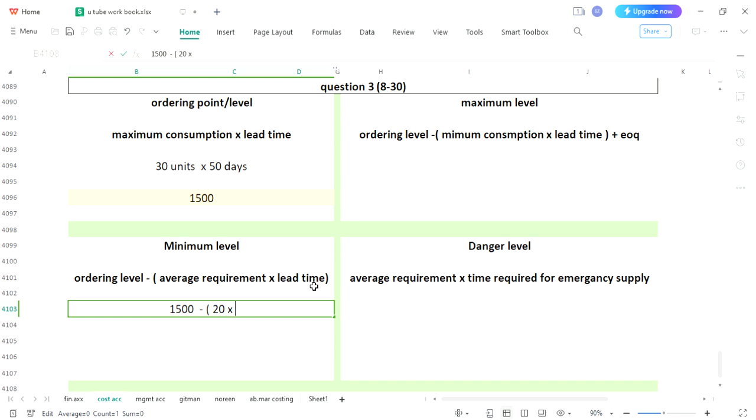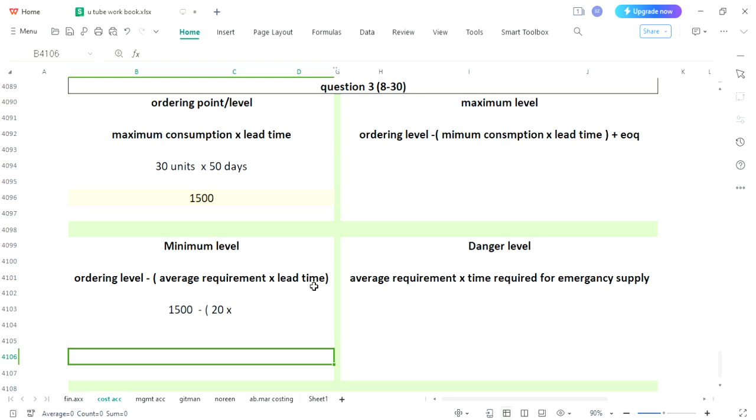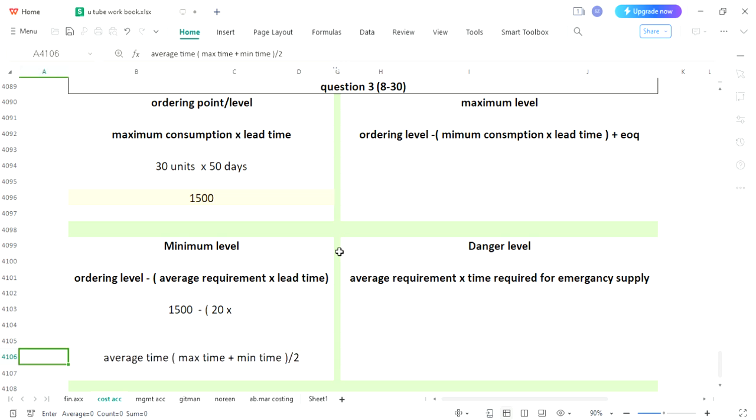And for that, in previous questions we have already learned how to calculate average time. For this you will see maximum time and then you will add minimum time and you will divide it by 2, with which you will calculate your average time.